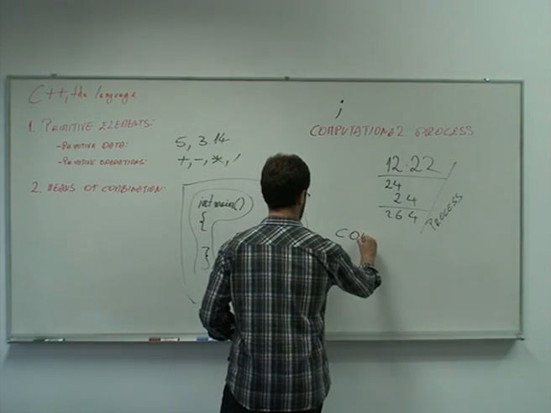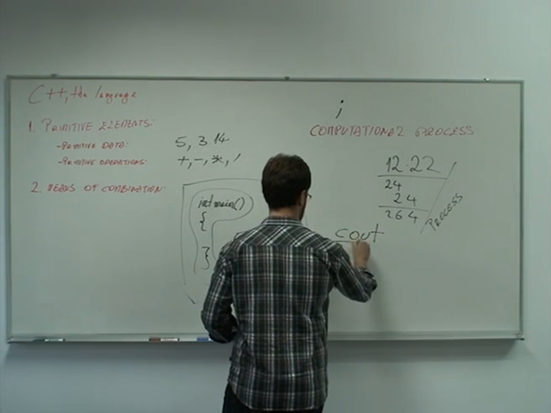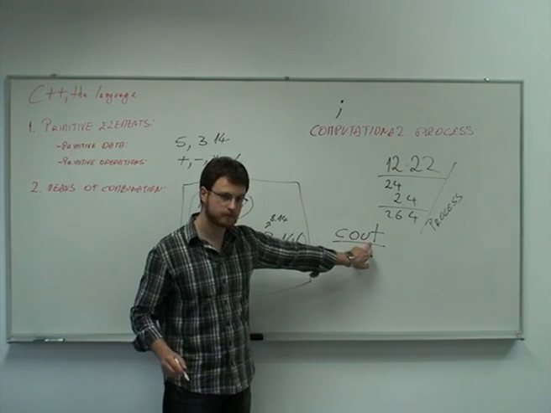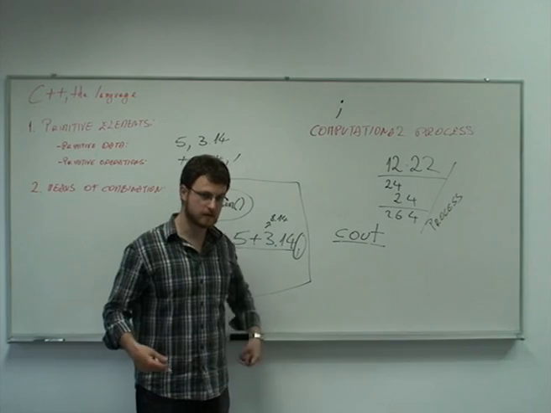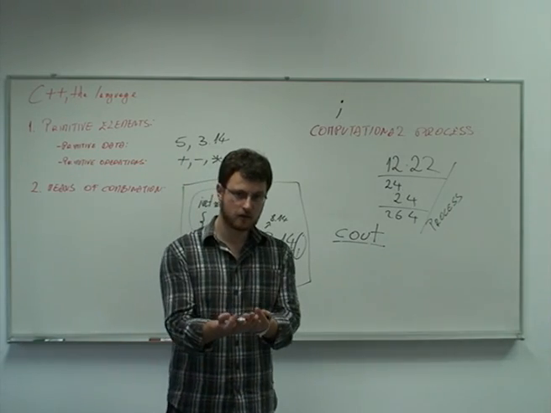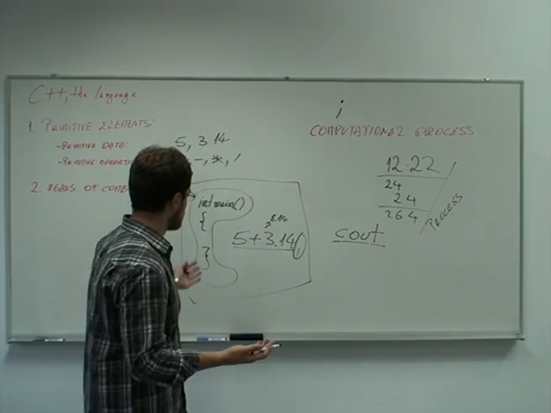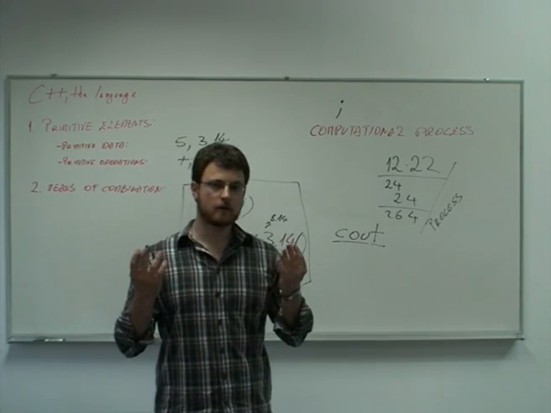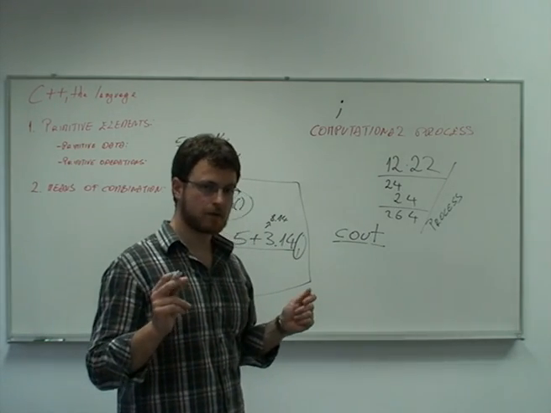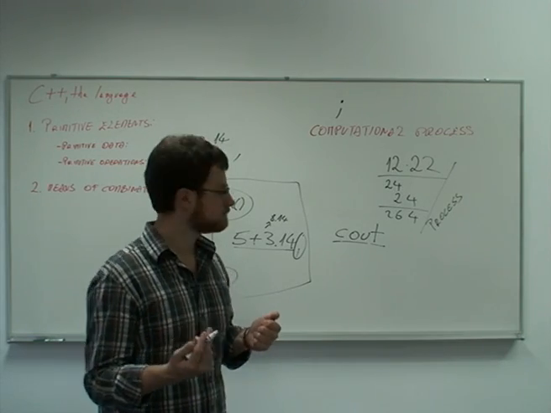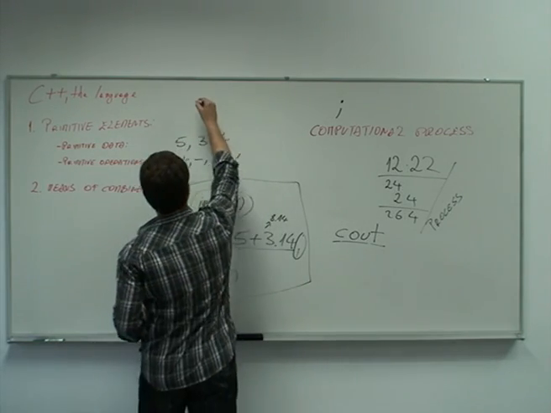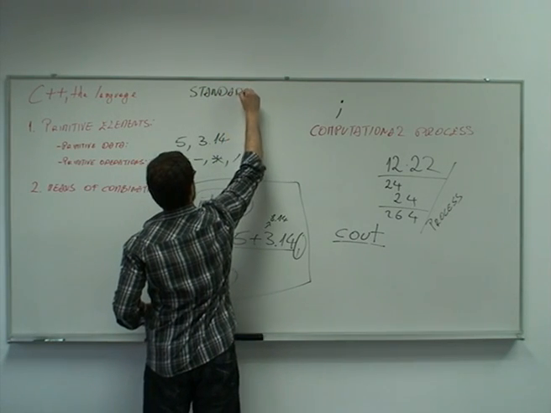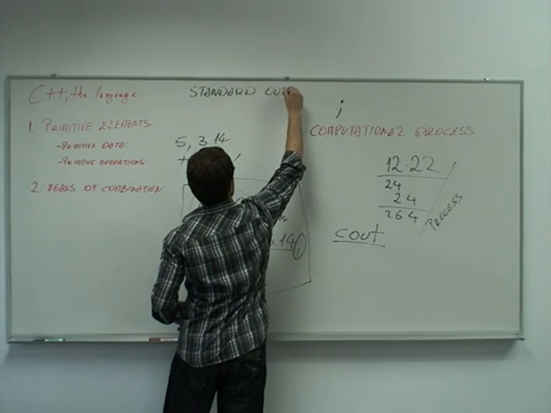written like this. And it stands for character output. And what it does is that it outputs results of some computations to an interface called standard output. What is standard output?